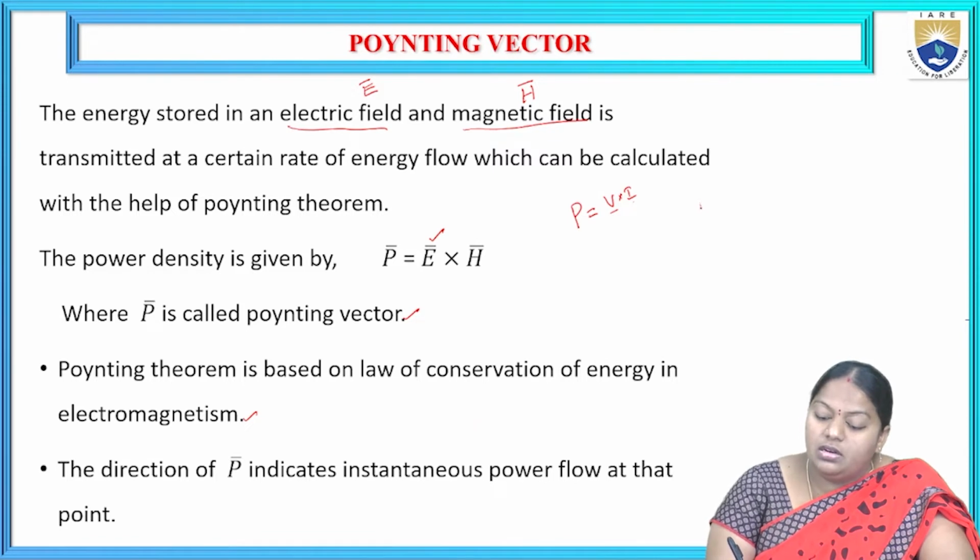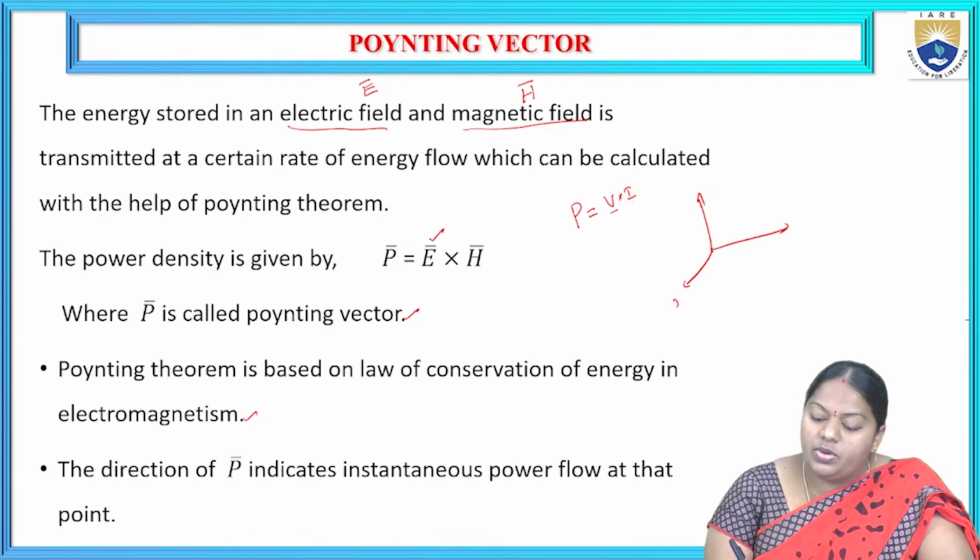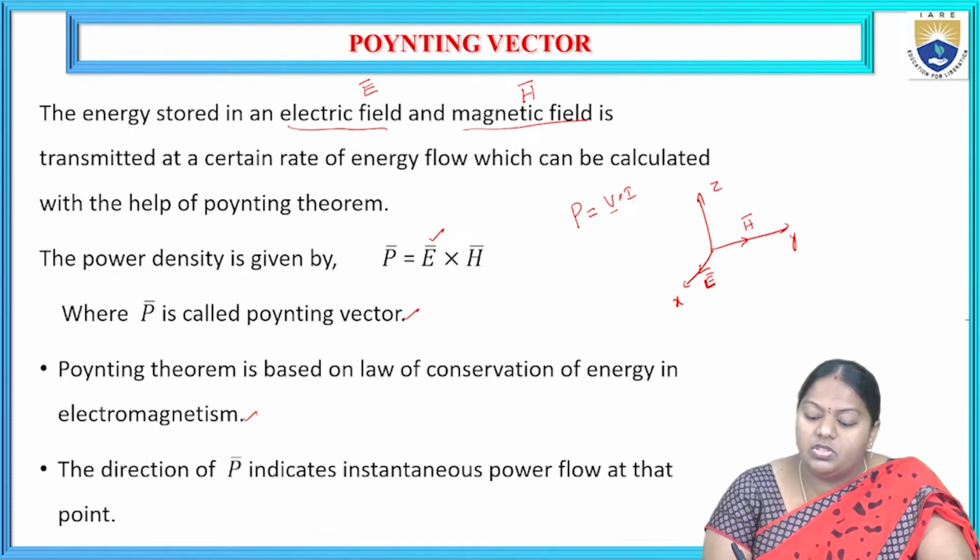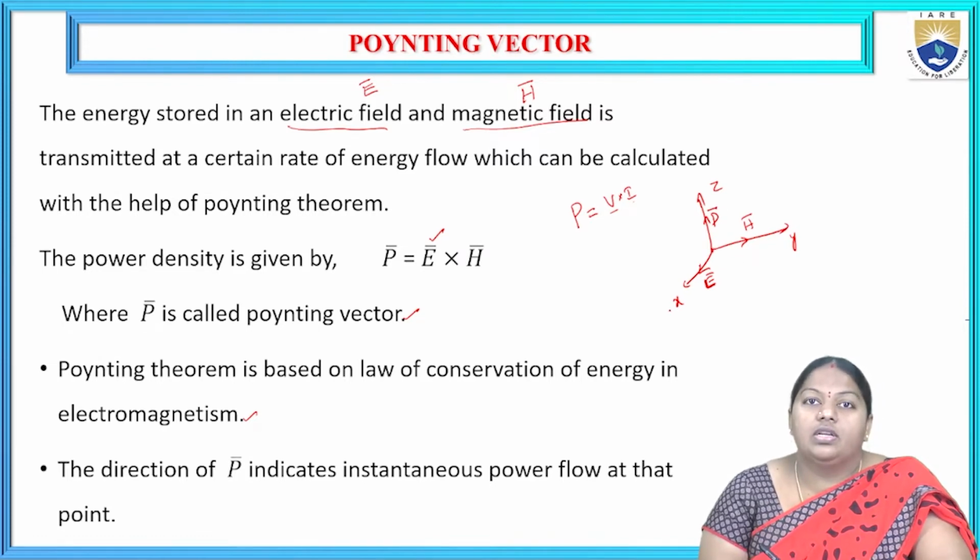In general we have discussed the uniform plane wave case. If you assume x, y and z directions are given like this, and the electric field is in the x direction and the magnetic field is in the y direction, the wave propagates in the direction orthogonal to these two, which is considered as P bar, where P bar, E bar and H bar are mutually orthogonal.